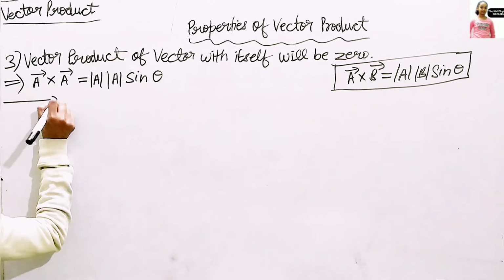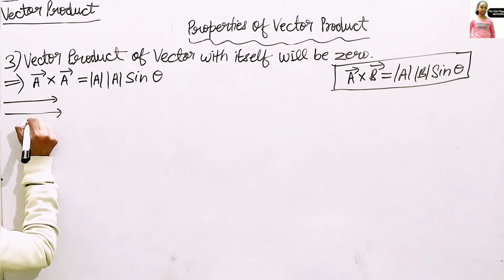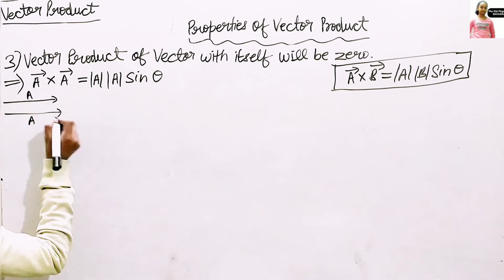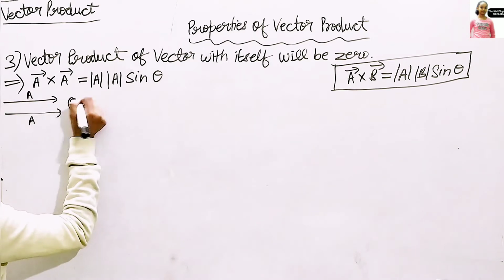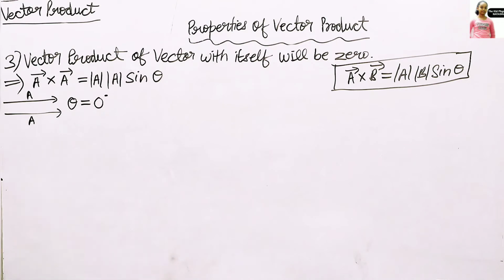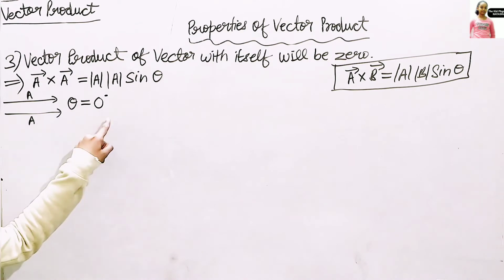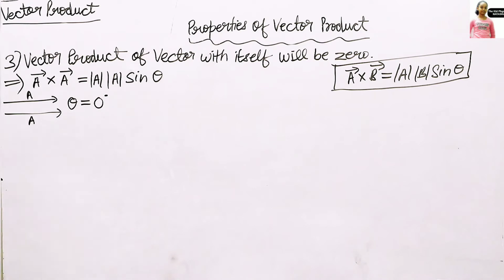So this means both vectors A are in the same direction, and they are making an angle of 0 degrees. So their theta will be 0 degrees. Why? Because they are parallel. And I have told you, in a special case, if our theta is 0, those vectors are called parallel vectors, or we can say like vectors, because they are going in the same direction.